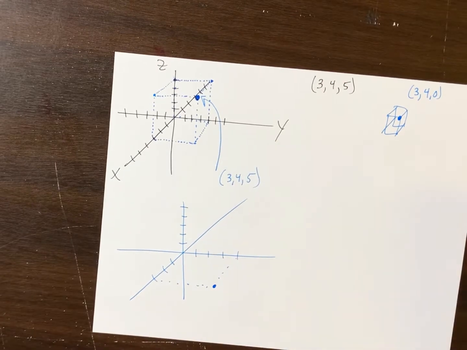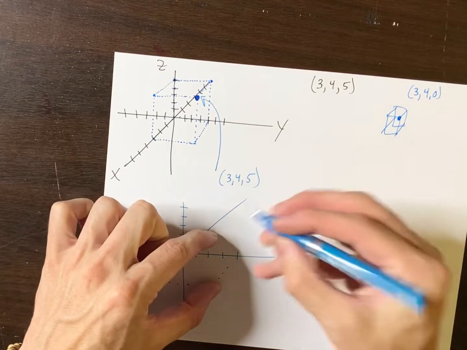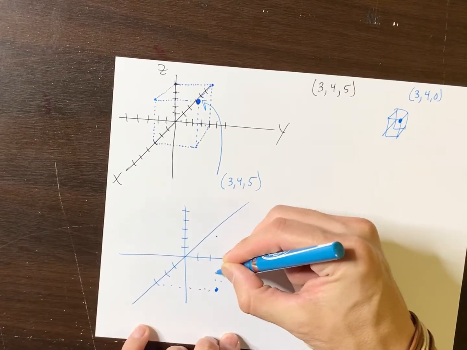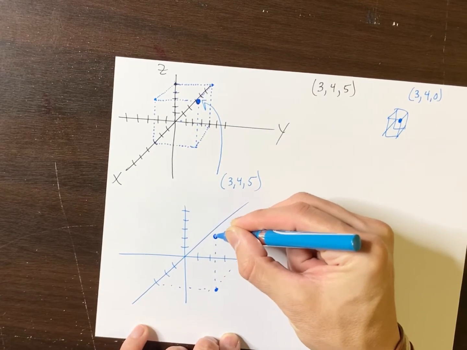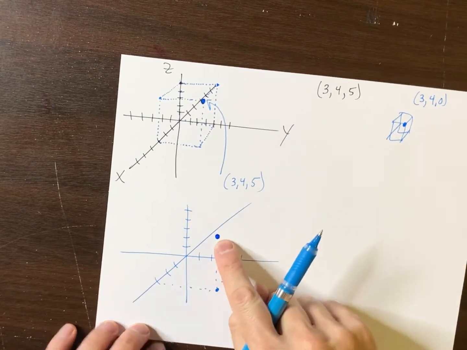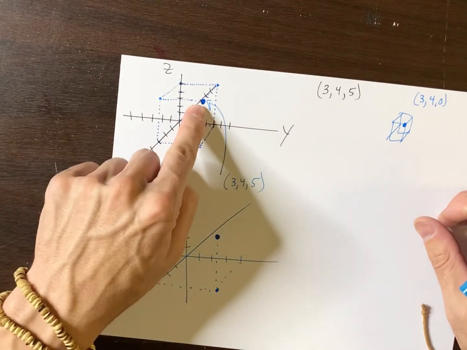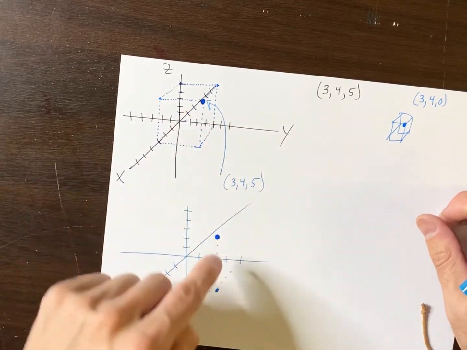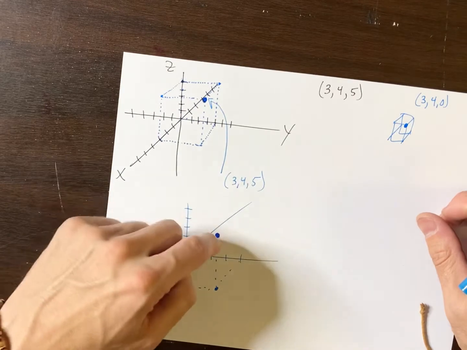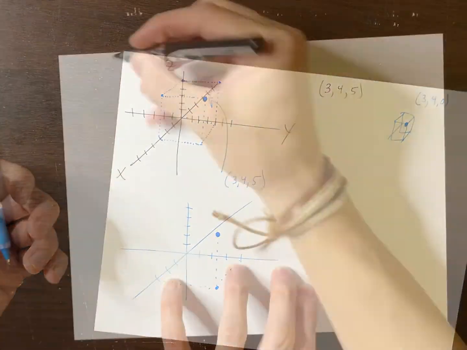Some professors are okay if you just measure this height and apply it here and eyeball it, where it's 3, 4, 5. Some would prefer that you draw an entire rectangular prism and just emphasize one of the vertices of it. So regardless of the method that your professor prefers, this is one way of graphing a point in space. Let's try another one.